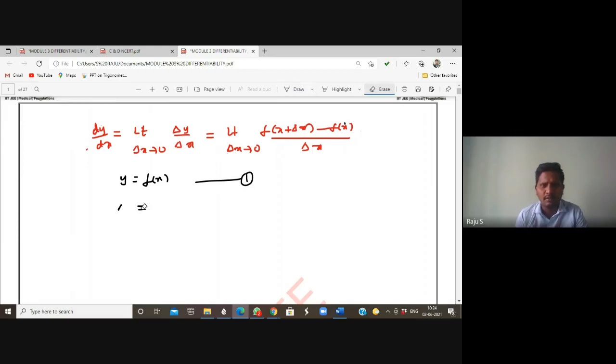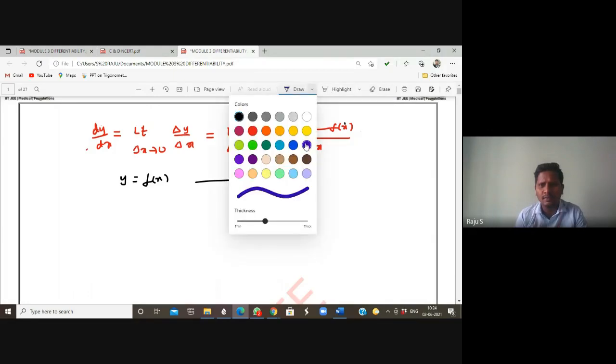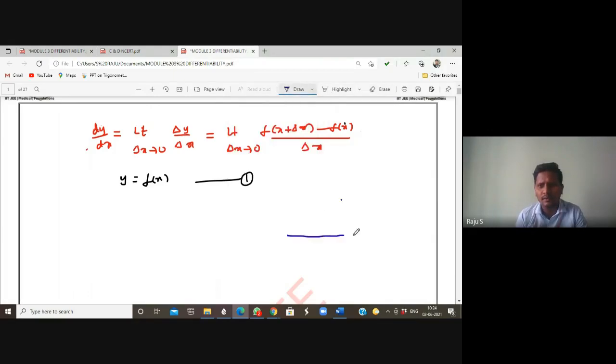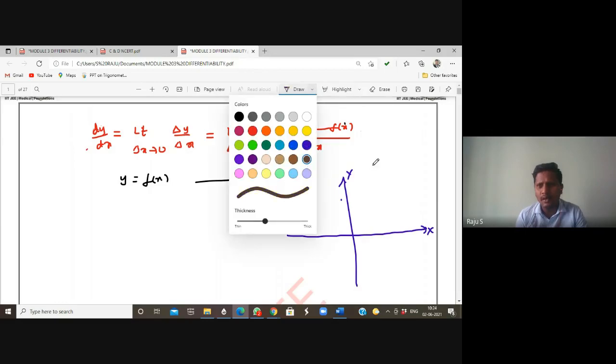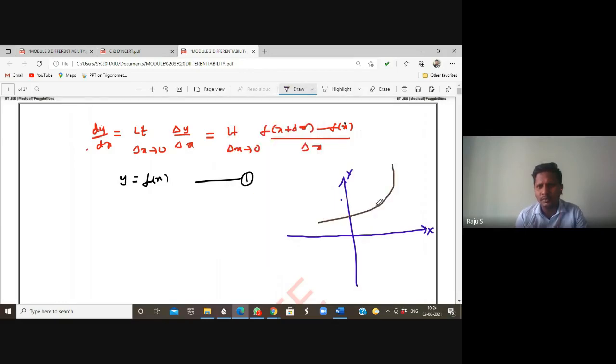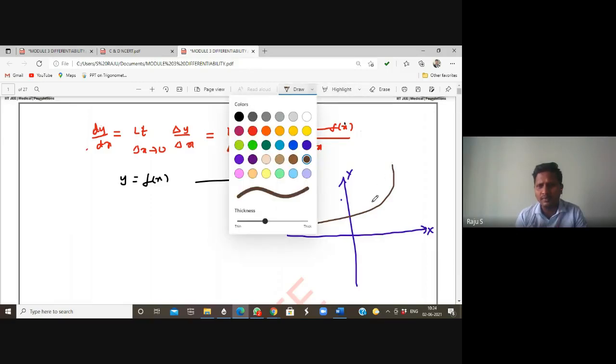See, this is a given function. I'm going to take the x-axis and y-axis. This is the x-axis, this is the y-axis. All of you observe here. I'm taking the curve. Okay, this is the given curve y is equal to f of x.